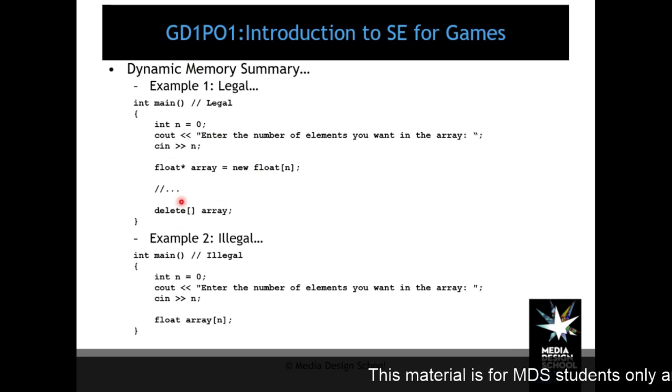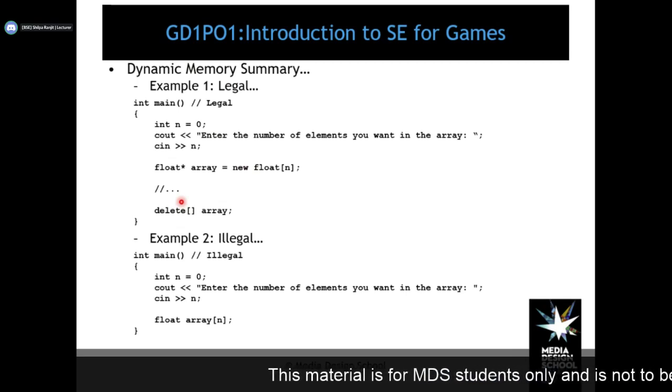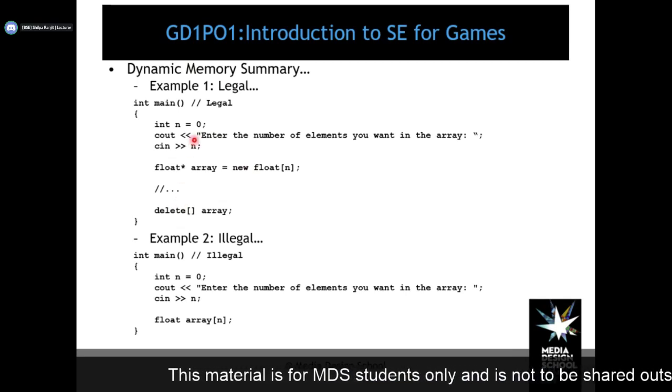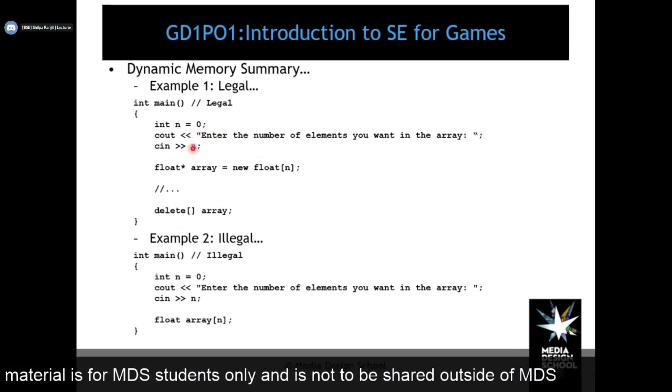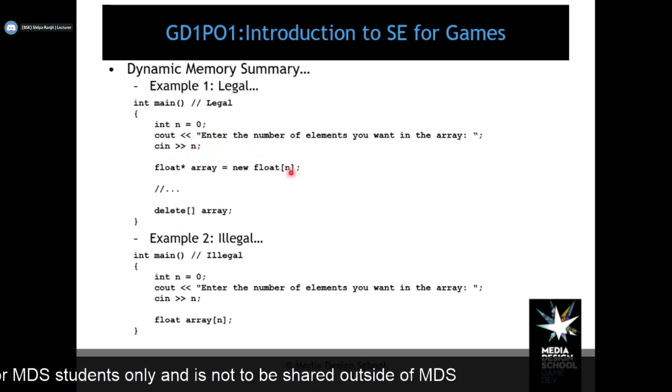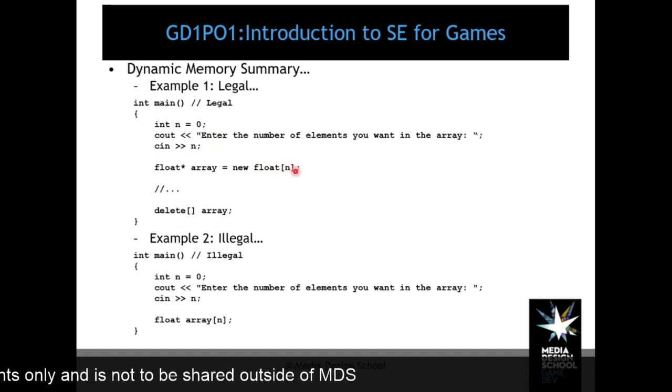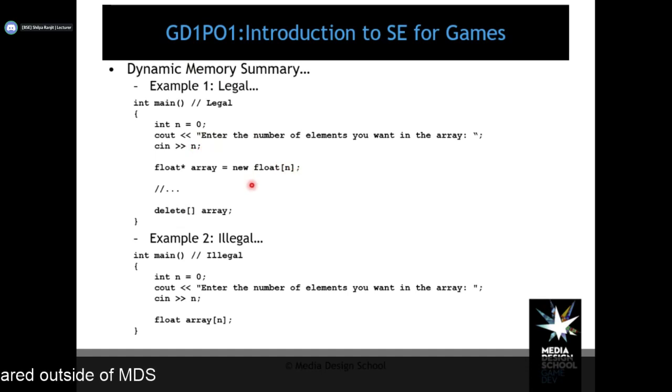All right. And yeah, this is an example of the dynamic memory summary. So with dynamic memory, as you can see, you can get the input from the user and then allocate memory dynamically using the value entered by the user. When you're done with its usage, don't forget the delete, square brackets, and the pointer name.